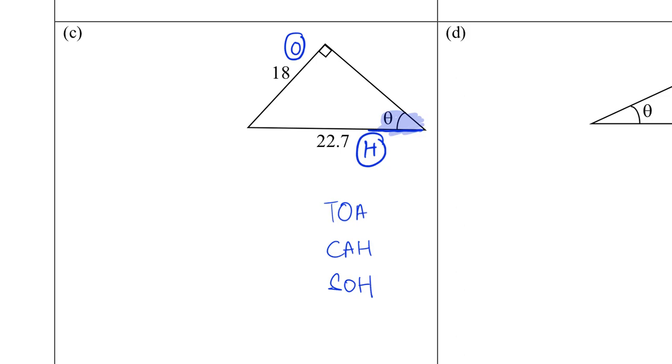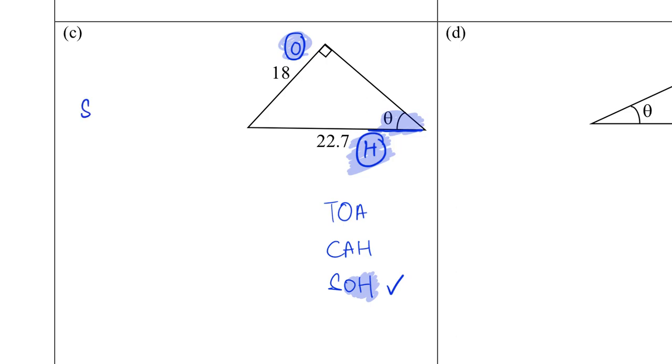And this side happens to be my opposite side. So with my O and my H, O and H, then I should be choosing the brilliant sine ratio.